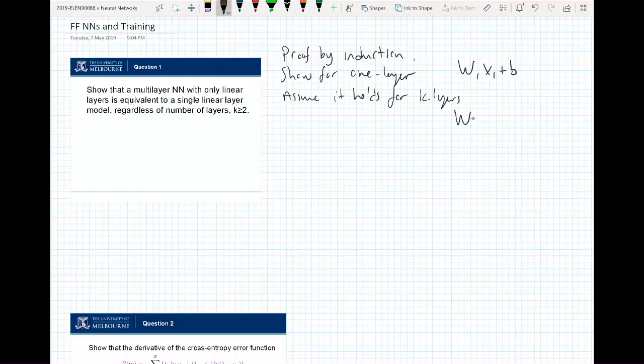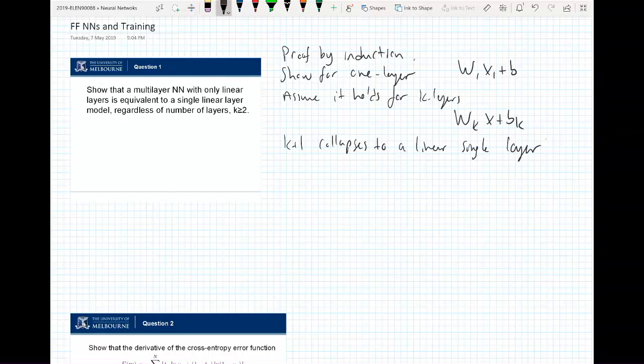Then we have Wk x plus bk. Then show that k plus 1 collapses to a linear single layer. Therefore, because it holds for 1 and k plus 1 collapses, it holds for any k. So you can repeat this as many times as you like, they all collapse.